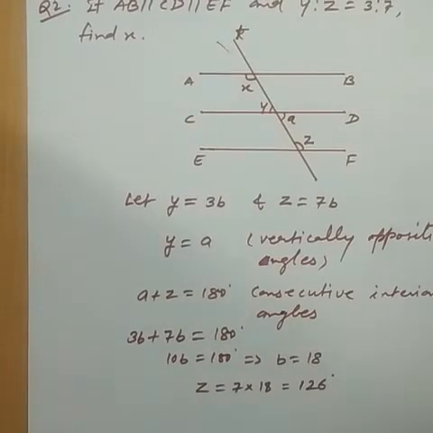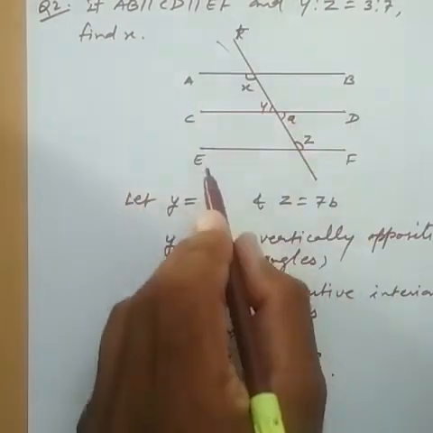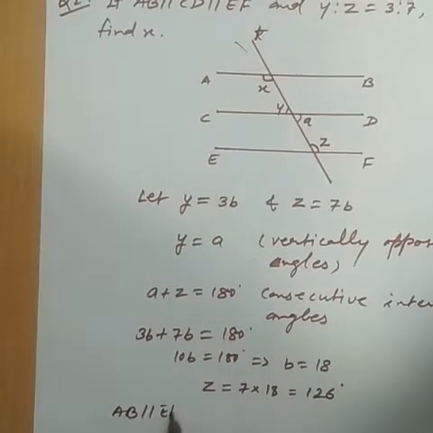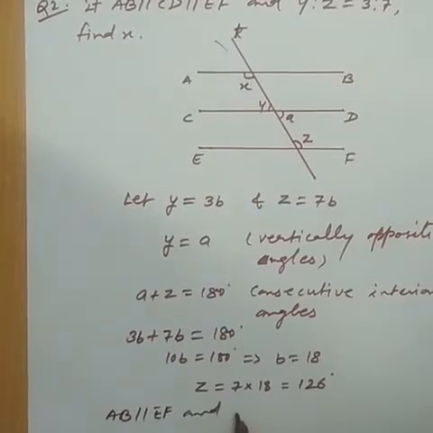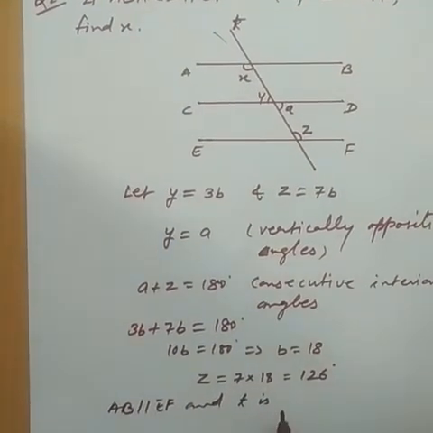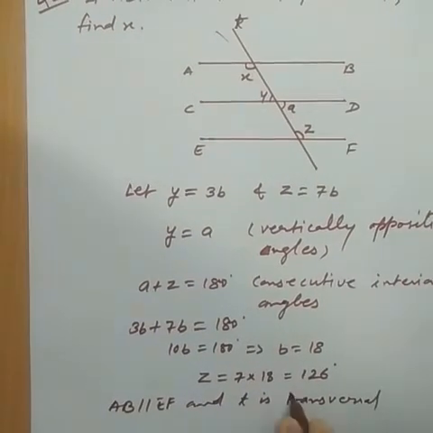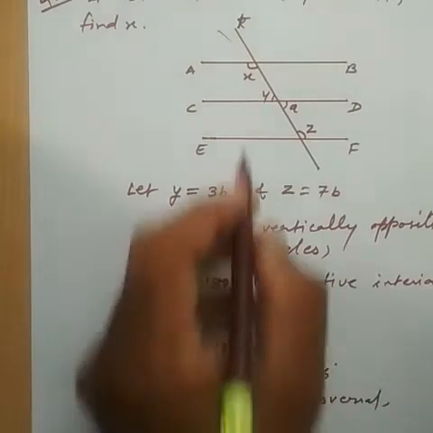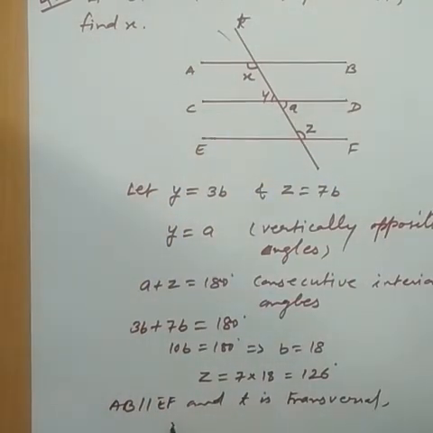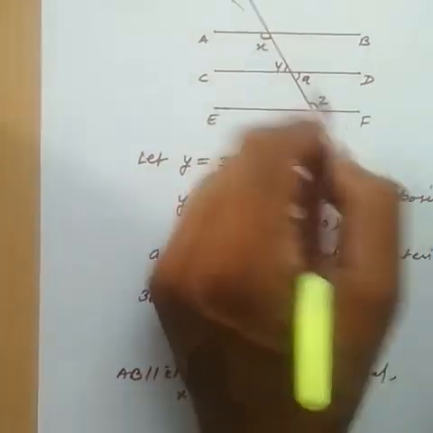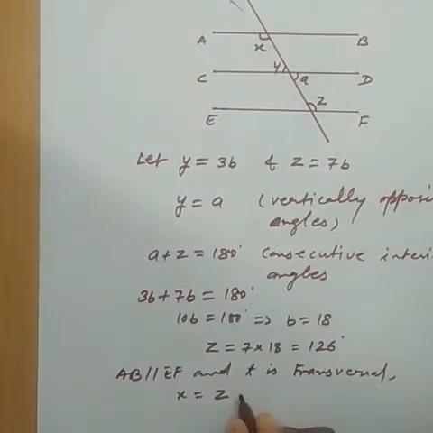Again, find the value of X. Here AB is parallel to EF and T is a transversal. Therefore, X equal to Z. Its reason is corresponding angles, and the value of Z is 126.